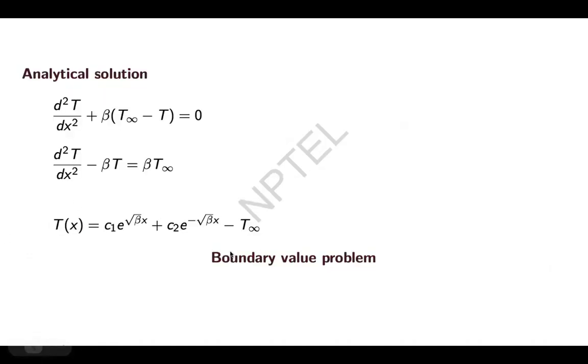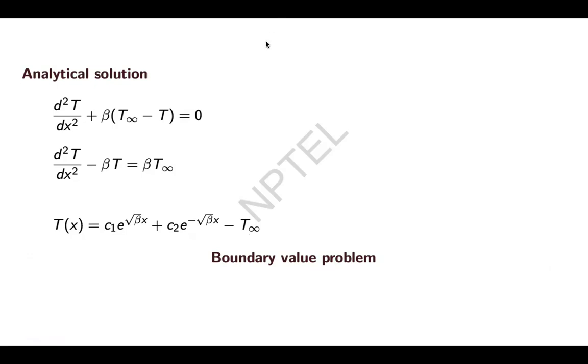Finally, you will be getting a solution like this: C1 e raised to square root of beta x plus C2 e raised to minus square root of beta x minus T infinity. So this is the final analytical solution that you get by solving this ODE BVP problem.